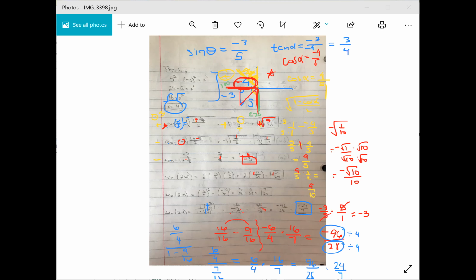So over here you had that this one was negative. So it was sine times cosine. Sine was negative 3 over 5, and then cosine was negative 4 over 5. Negative times a negative is a positive.